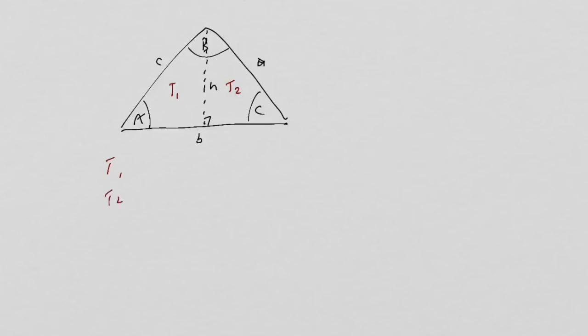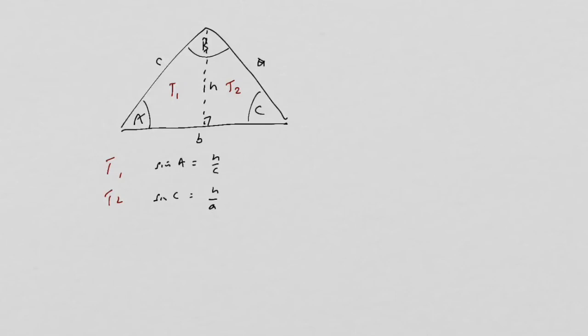For the first triangle we have that sine of A equals h over c, and for the second triangle we have sine of C equals h, the opposite, over a, the hypotenuse.